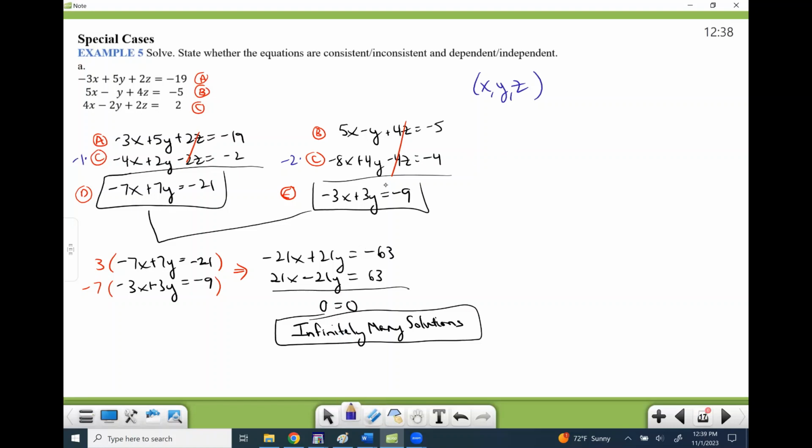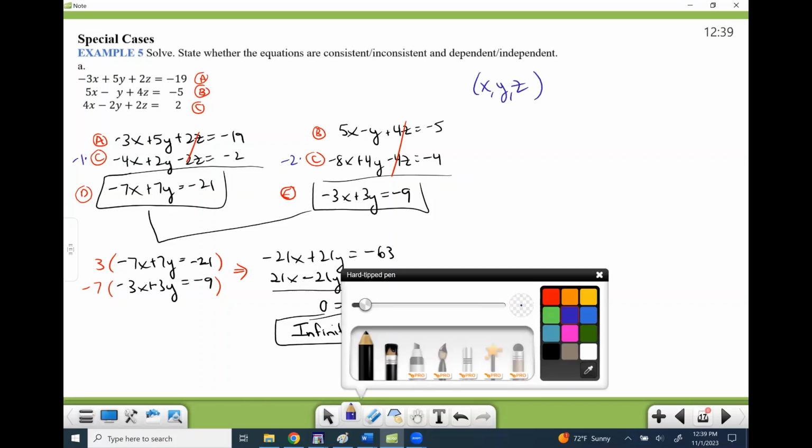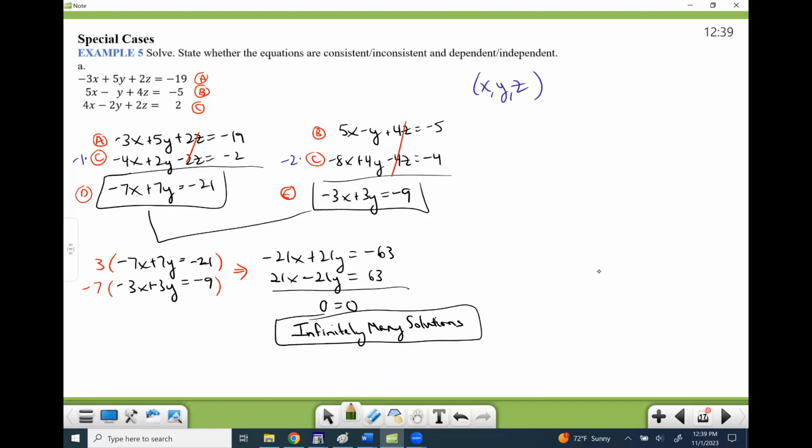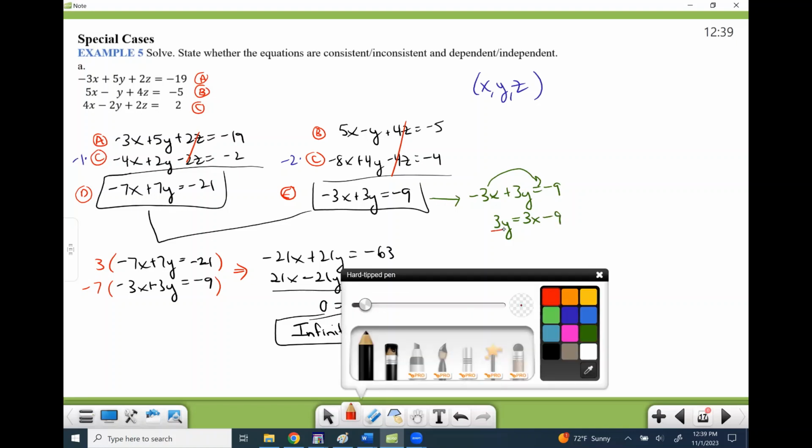All right, so now how I pick. I usually go to D or E, one of the equations that has two variables, and I'll start there. So let's say that I pick equation E because it has some smaller numbers in it. To me, it seems like it wouldn't be that bad to get the y by itself. So I'm going to choose to get the y by itself. So if I move this x over to the other side, it'll be a positive 3x. And then I'll go ahead and divide by 3 to everybody.